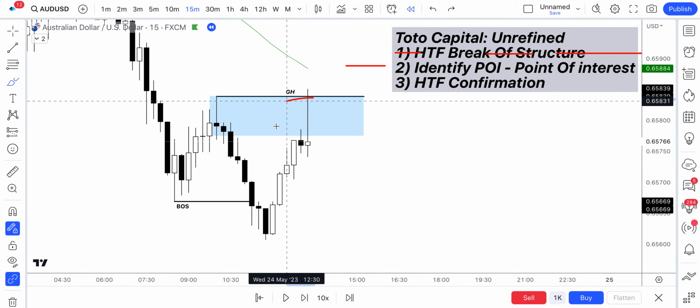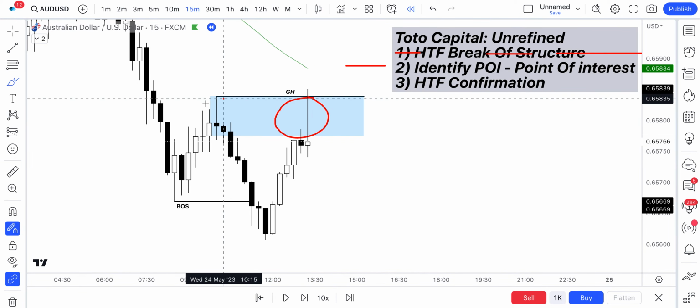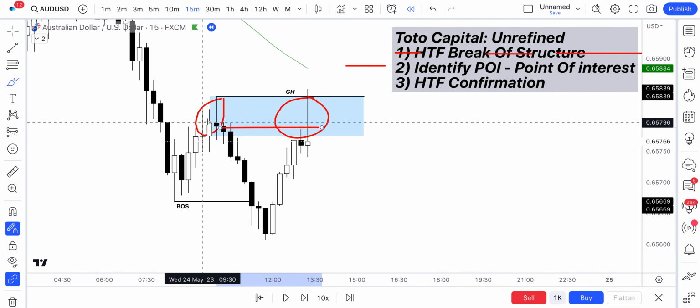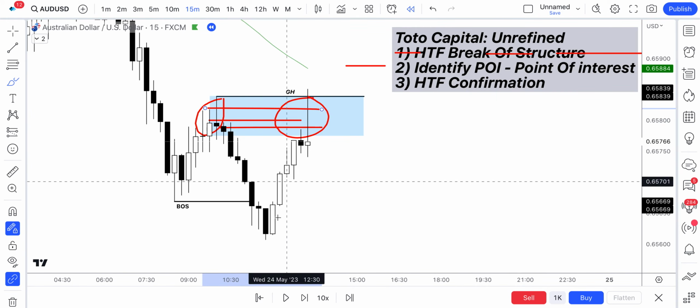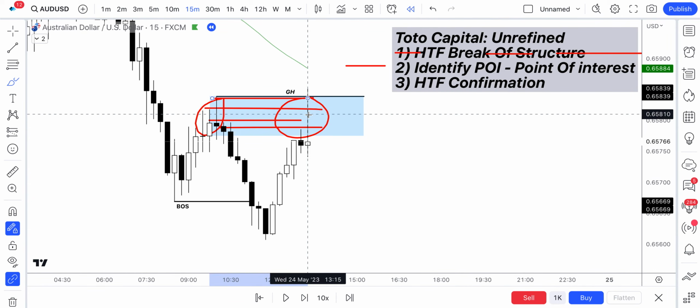Basically, when price comes back into this area, institutions have a decision. They're going to decide whether they want to close these long positions here at around break even. As you can imagine, if they bought around here, when price comes back in, it's going to be around break even. So do they close these long positions around break even and enter more sell positions, or do they close the long positions at break even and do nothing, right?